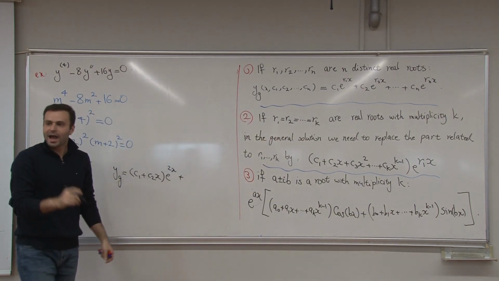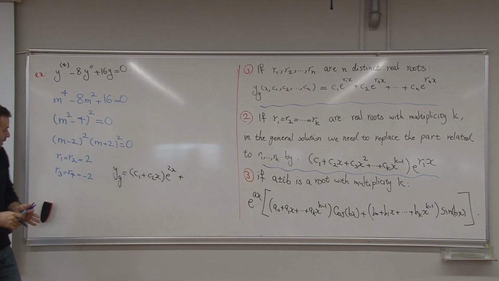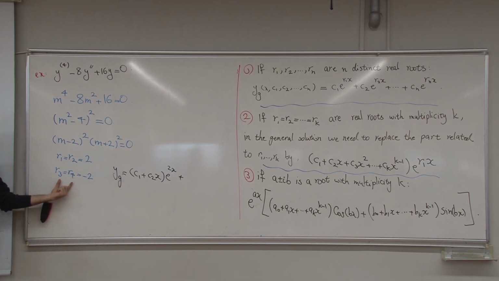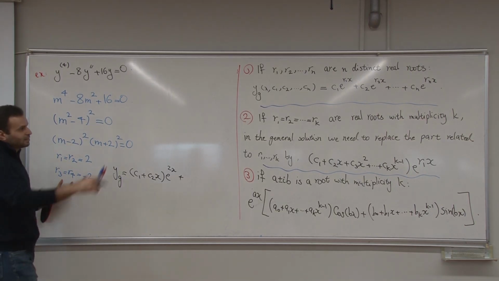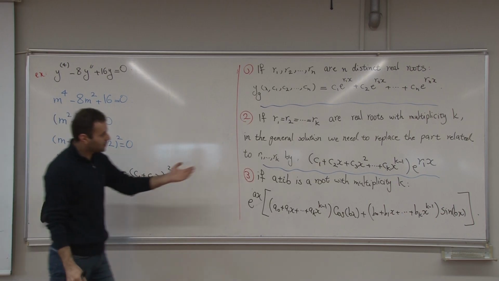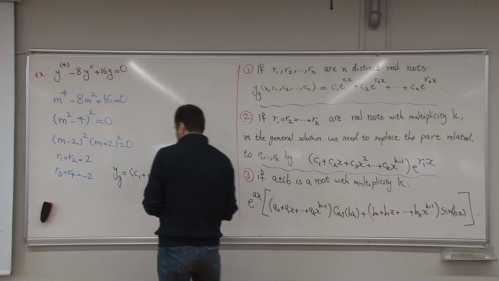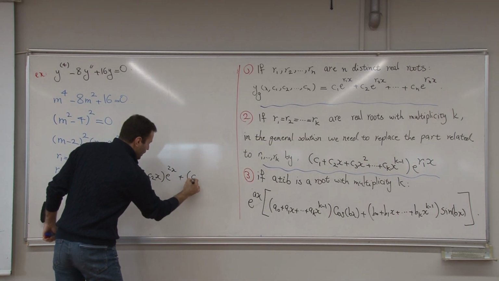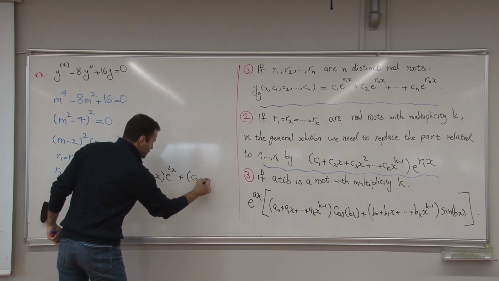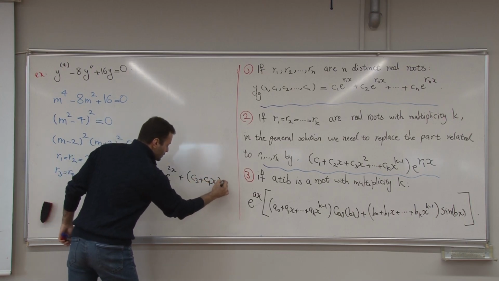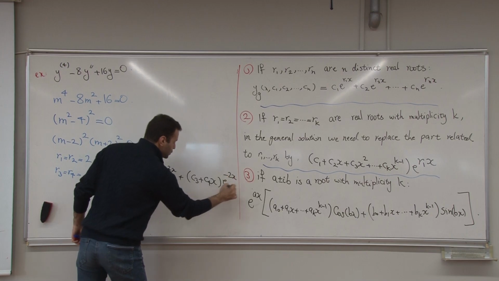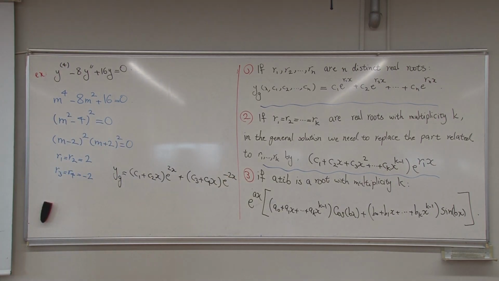Plus I have this c3, c4, right? But again, since they are repeated roots, I need to replace c3 and c4 with a form like this, which is going to look like c3 plus c4 x, times e to the power of minus 2x. Good? Okay.